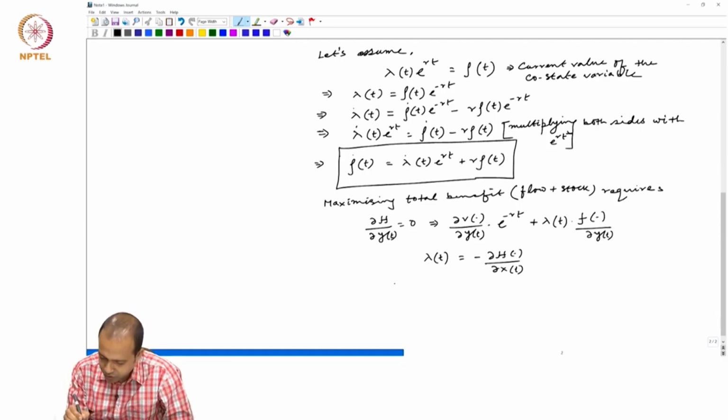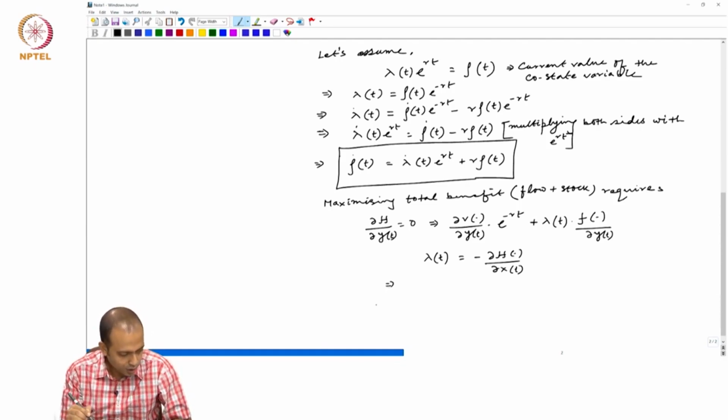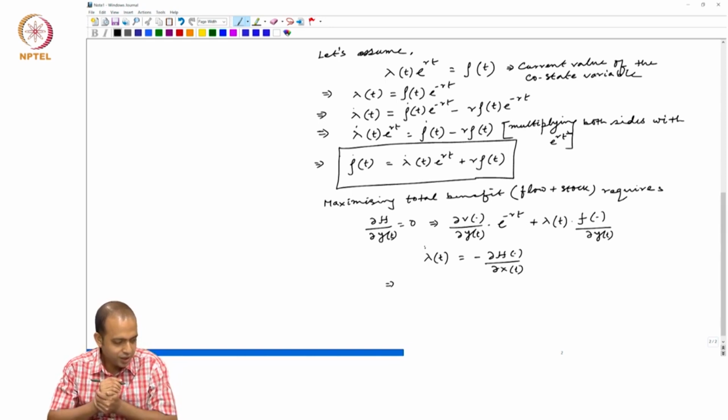So, that means from here, if we differentiate this, sorry, delta lambda dot t equals minus del H dot del xt. Okay.